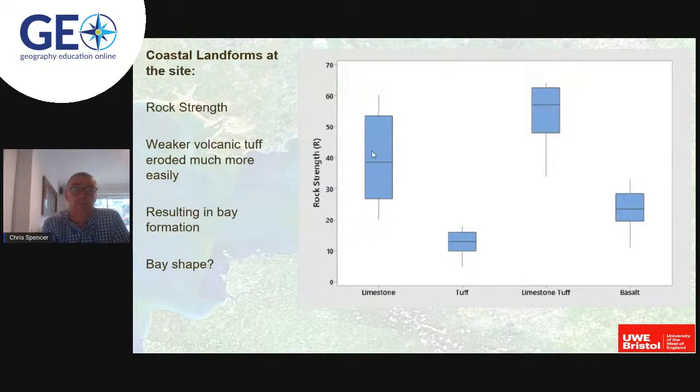They have a high rock strength, and so they're quite resistant to erosion by the waves. Whereas the volcanic tuff in particular is very low rock strength, much more susceptible to erosion by the waves. There's also a small outcrop of basalt here, which is also relatively weak, and it appears with the volcanic tuff. So that could be a good hypothesis that this is what's controlling the formation of these bays.